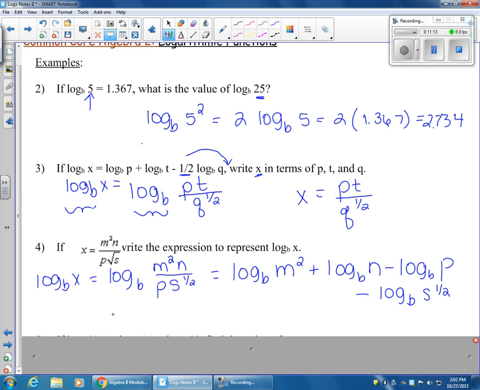Then to finish the problem, we have to use the power rule and bring your exponents out in front. So the 2 goes in front. And the 1/2 goes in front.